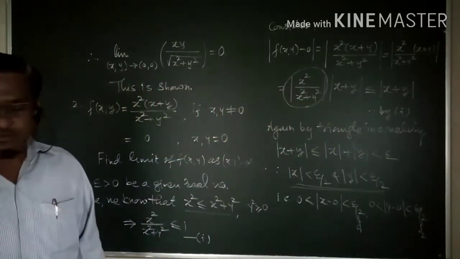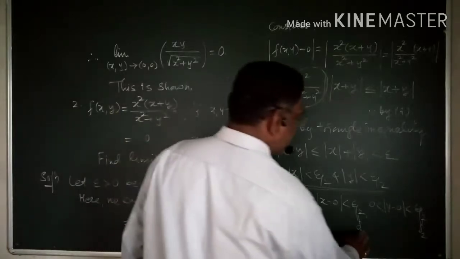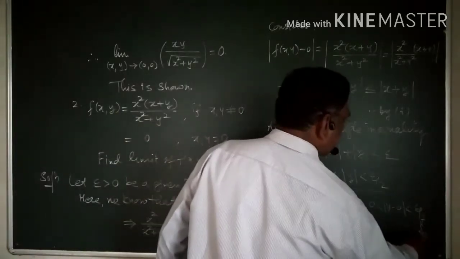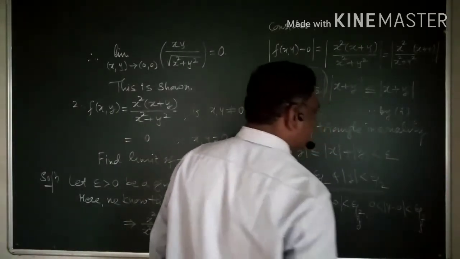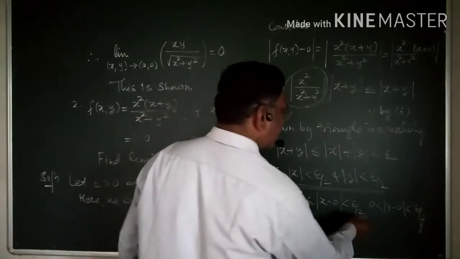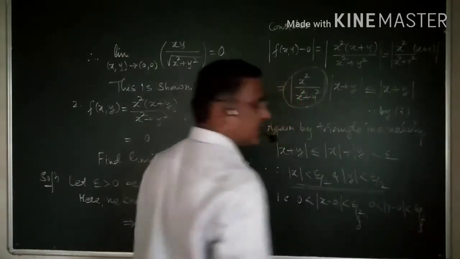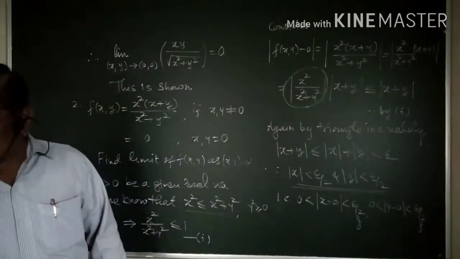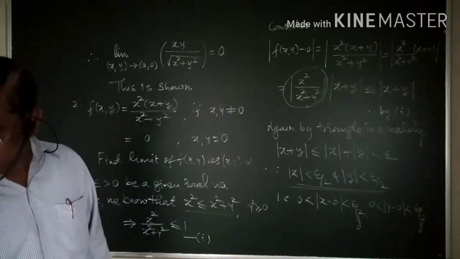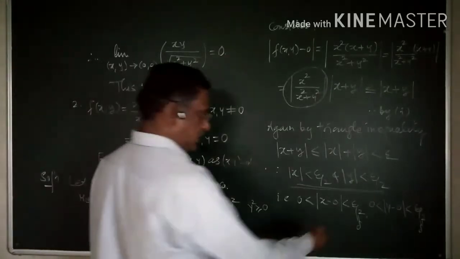As you know, there is no need to call delta 1 and delta 2, as we have seen in the definition: this is less than delta, this is less than delta.